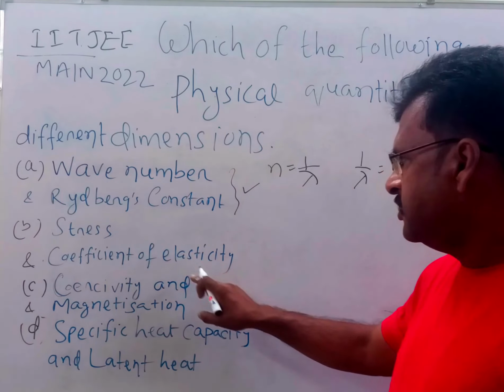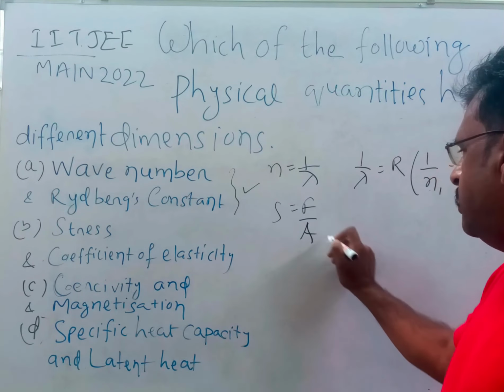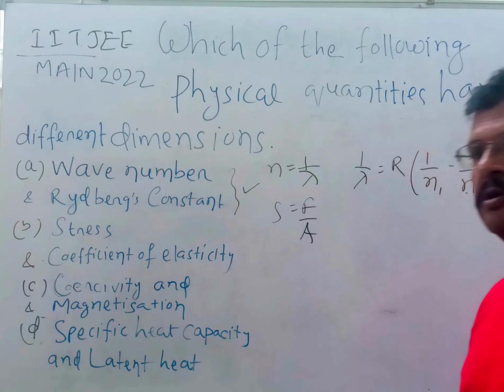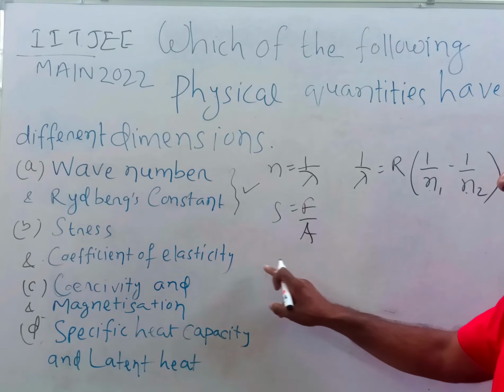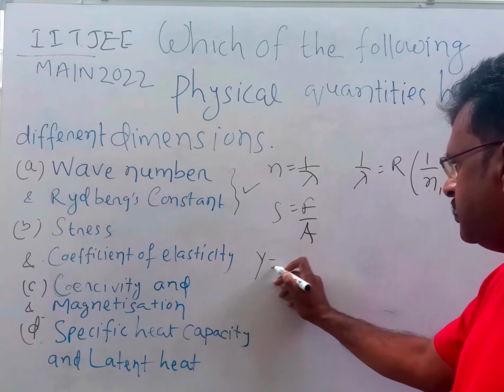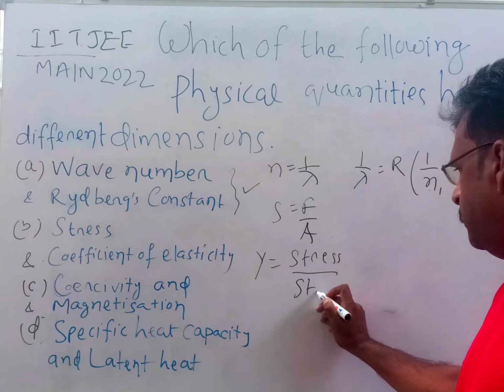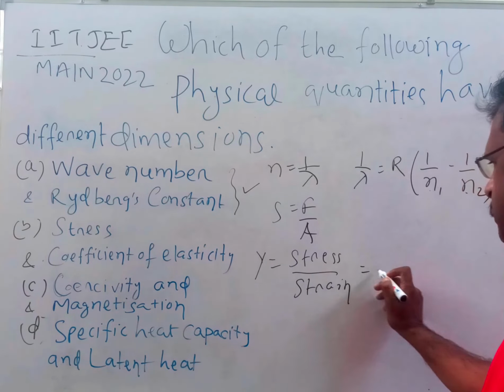Then what is stress? Stress is F by A, or force per unit area. Okay, student, force per area is stress, and coefficient of elasticity Y is stress upon strain. And what is strain?